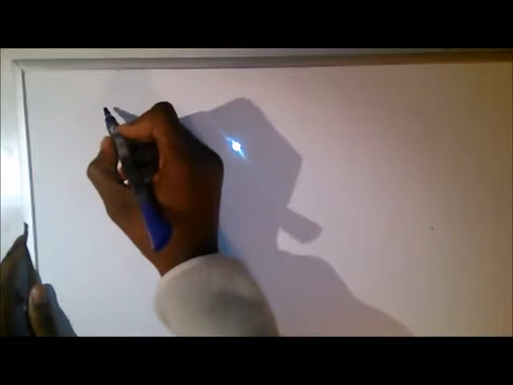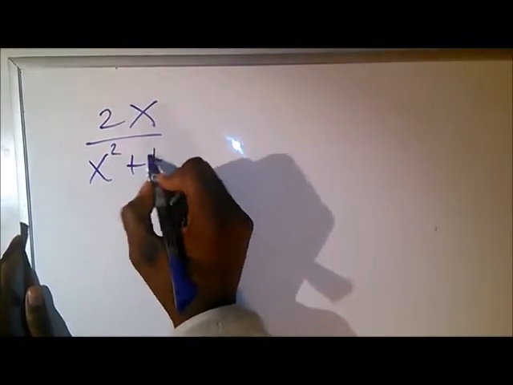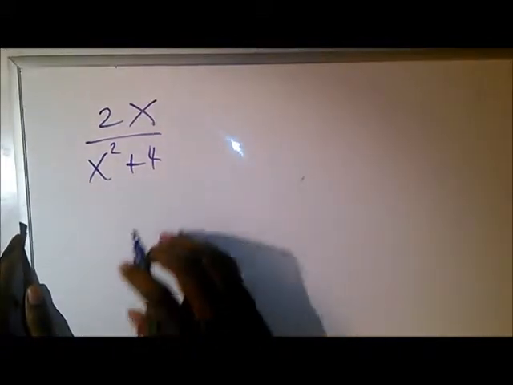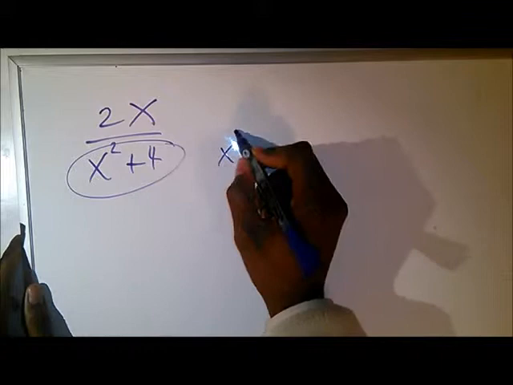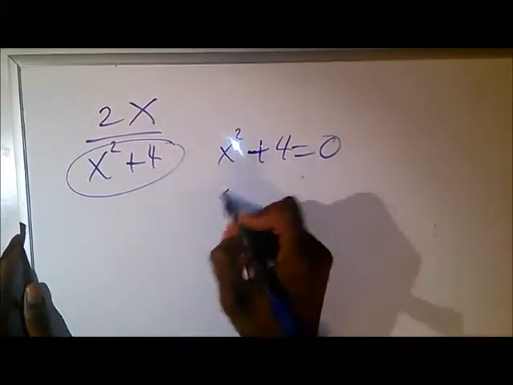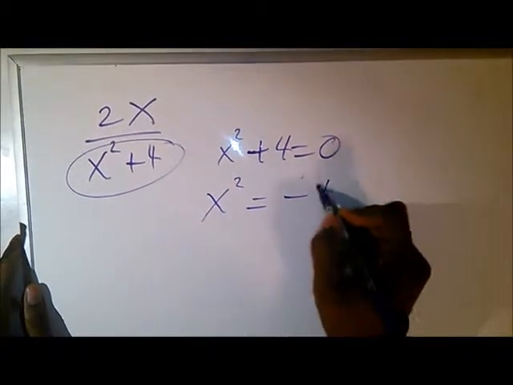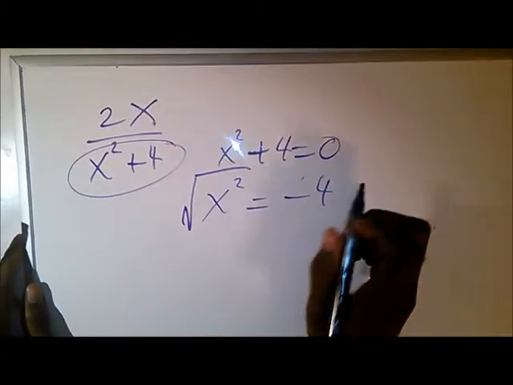Let's try another one. This is important too. I'm going to get this here to refresh your memory on how to get the domain of this: 2x over x squared plus 4. Let's ask ourselves, could it be division by 0? Let's set the denominator equal to 0 and solve for x. x squared equals negative 4. Now we're going to square root both sides.